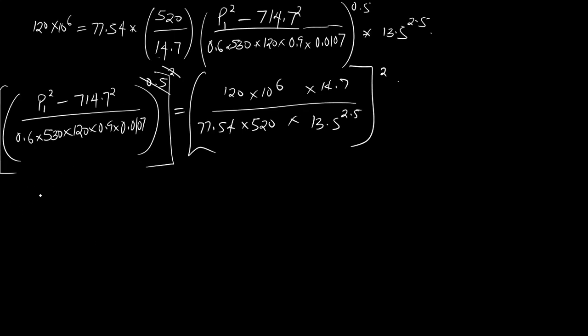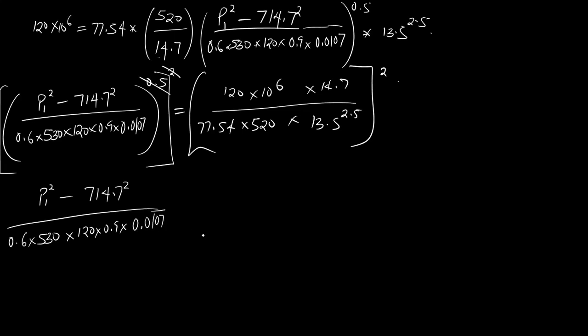So now we have P1 square minus 714.7 squared divided by 0.6 times 530 times 120 times 0.9 times 0.0107.